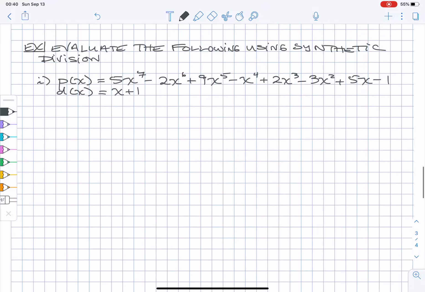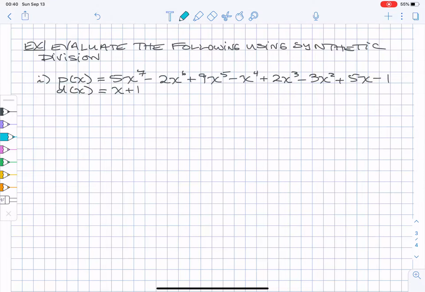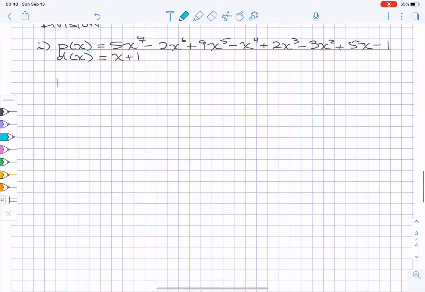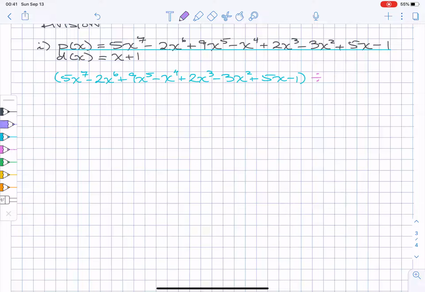Okay, so with synthetic division, we have p of x, let me just rewrite it: 5x to the 7th minus 2x to the 6th plus 9x to the 5th minus x to the 4th plus 2x cubed minus 3x squared plus 5x minus 1, which we are dividing by x plus 1.